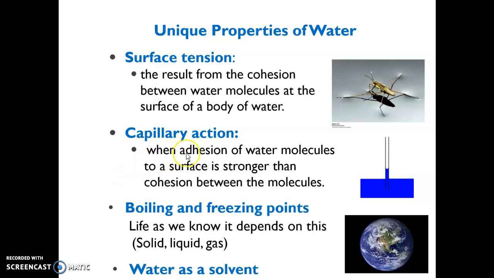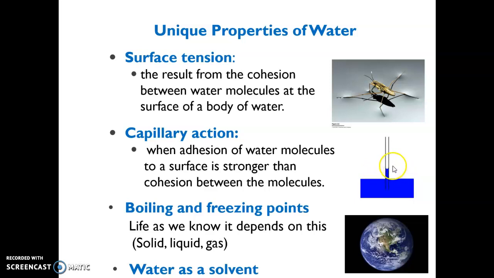It's capillary action. And in this case, instead of water molecules being attracted just to one another, they're even more strongly attached or attracted to a surface, such as a glass tube in this example. And so the water molecules, if you've ever done this in a chemistry lab, maybe put a glass capillary tube in some water, and you'll see the water rises up through the tube higher than its surface level.